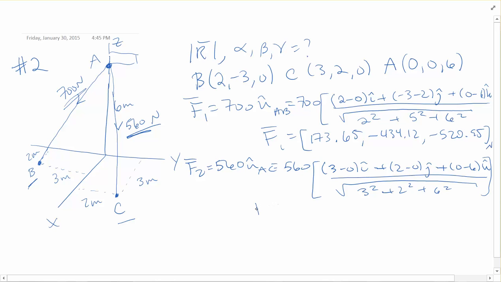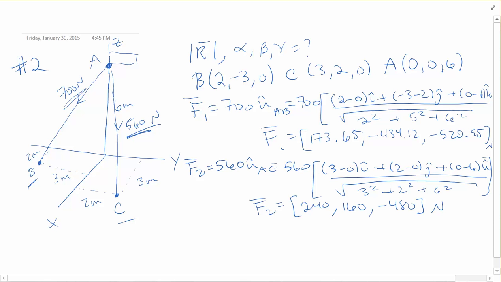Multiplying all that out, you end up with 240 for x, 160 for y, and then the z component of that force is -480. And that is in newtons.